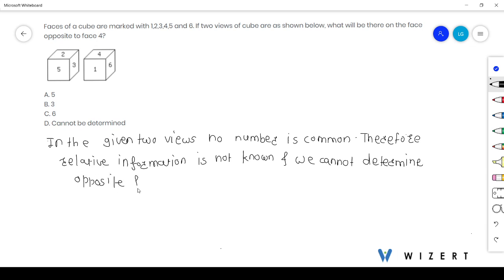So our correct option is option D, cannot be determined.